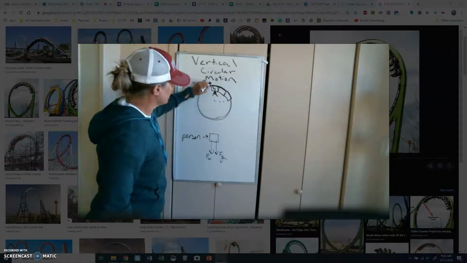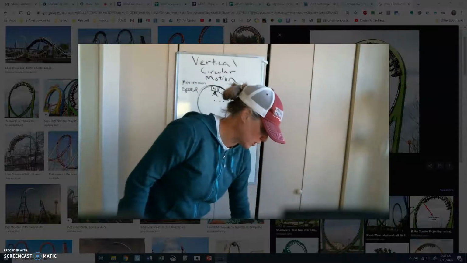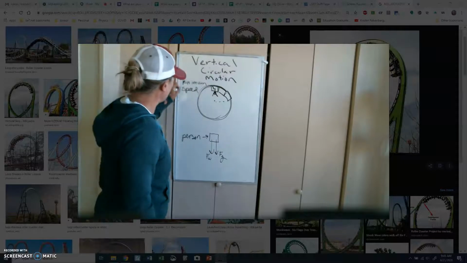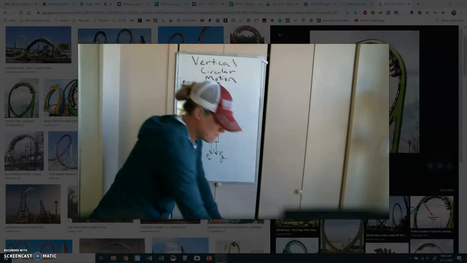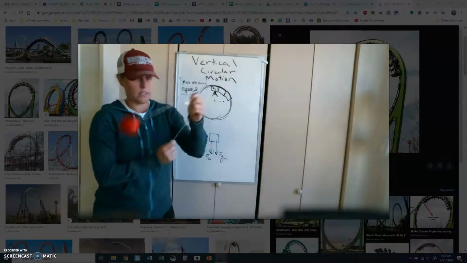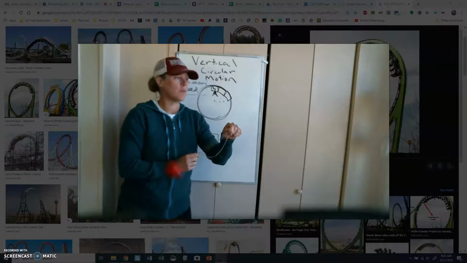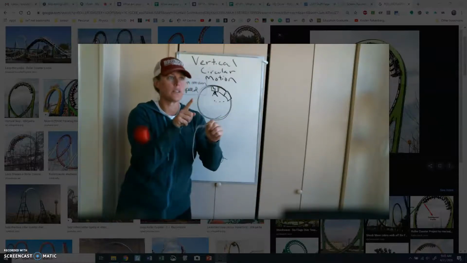So that's why we look at the top position, okay? We look at that top position and this net force, but what we're trying to find is that minimum speed, and that minimum speed is where I've got this centripetal force right here. And minimum speed is when there's no tension, but it stays in that circular motion.